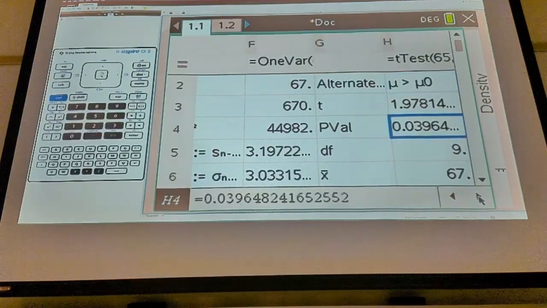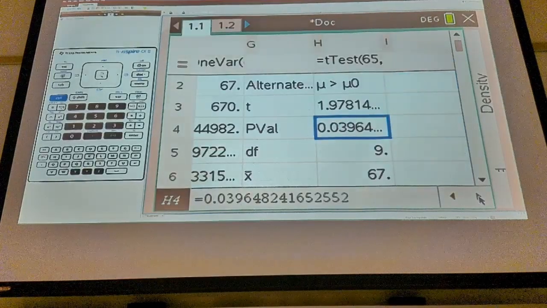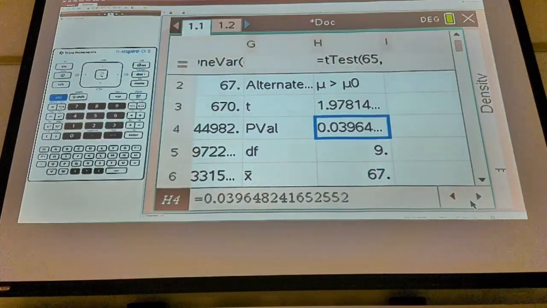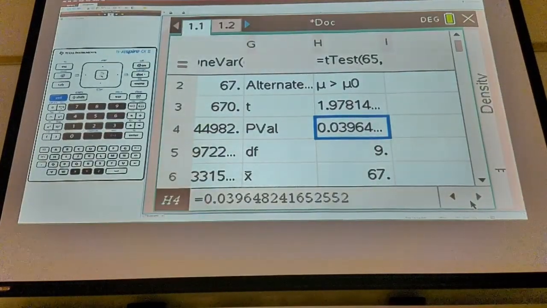There's the p-value. How's that compared to our alpha? It's less than, so the conclusion is reject the null, because p is less than alpha.